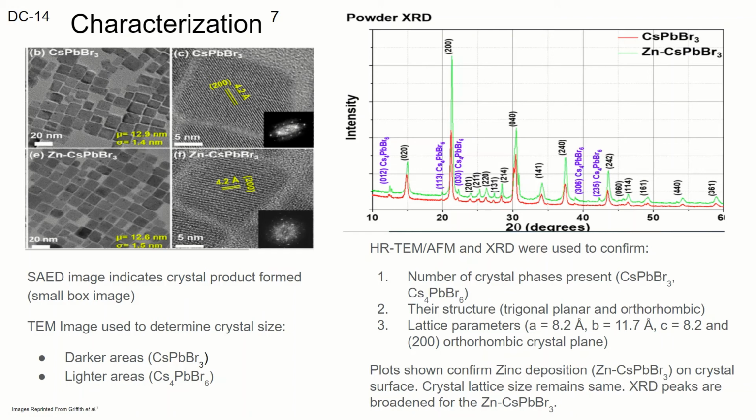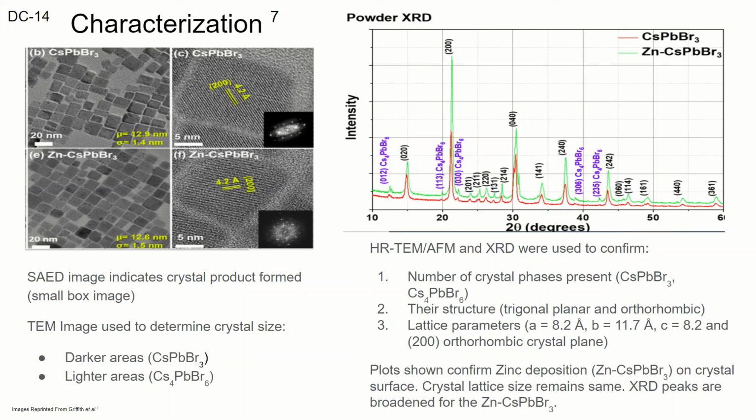For precise tuning of the LED device, careful characterization of the crystal products is necessary. We can use SAED to confirm if the crystal is single crystal in nature. If so, the diffraction pattern will show up as dots instead of rings. We can use TEM images to determine the crystal size and get some insight into the compositions of the crystals.